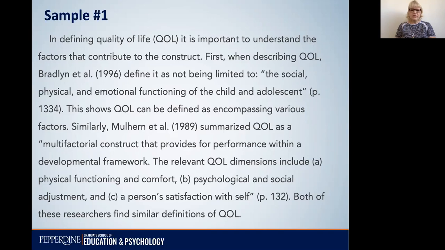Similarly, Mulhern et al. summarized QOL as a multifactorial construct that provides for performance within a developmental framework. The relevant QOL dimensions include A, physical functioning and comfort, B, psychological and social adjustment, and C, a person's satisfaction with self. Both of these researchers find similar definitions of QOL.